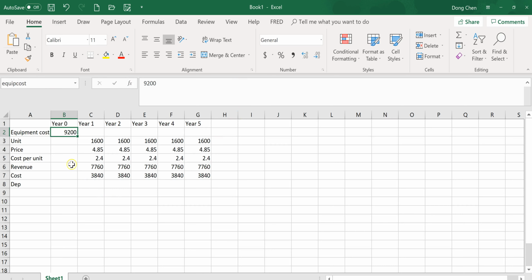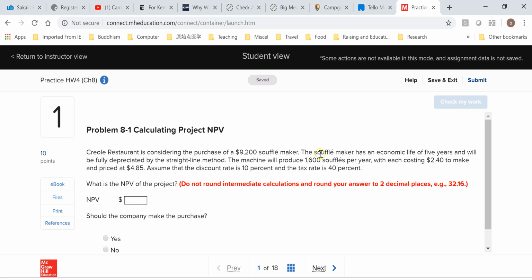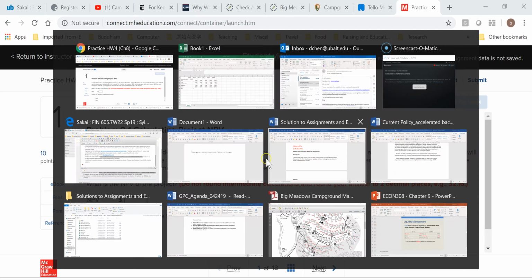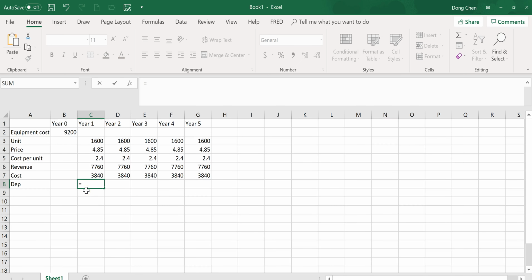So you'll see why I want to do that. Now I can calculate the depreciation, because the second sentence tells us the machine will be fully depreciated by the straight line method over 5 years. So every year it's going to be 1/5 of the initial equipment cost.